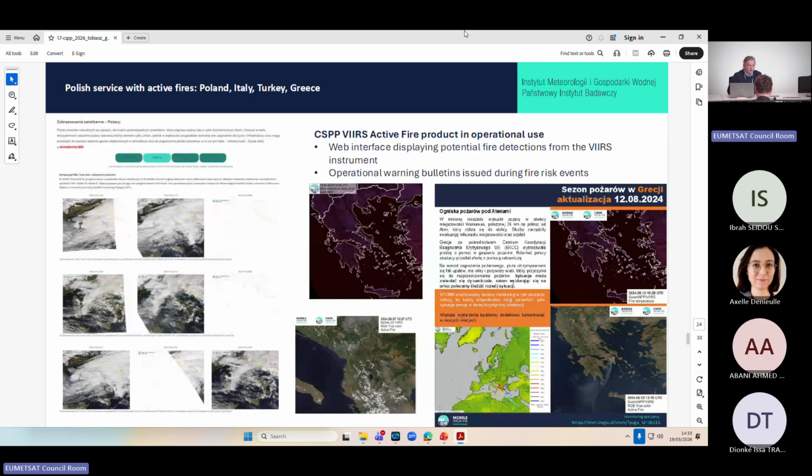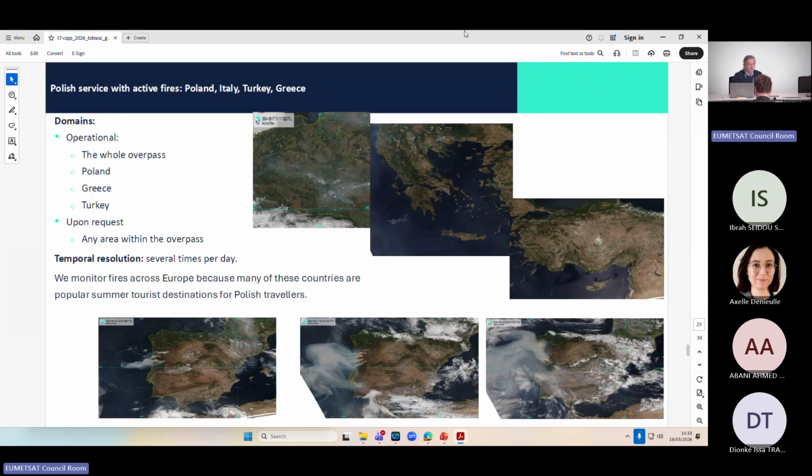And we also use fire temperature, and this is an example of how it looks like on our web page. We monitor fire across Europe because many of these countries are popular summer tourist destinations for Polish travelers.